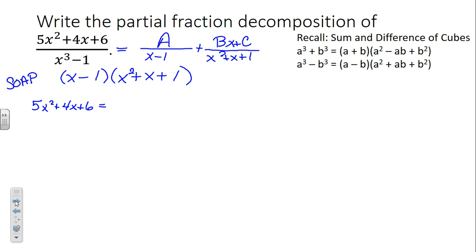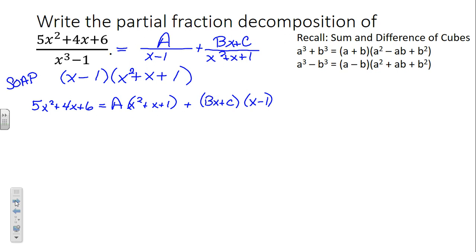The trinomial, right? The one that's under the other fraction. And what does the bx plus c have to be multiplied by? The x minus 1, the denominator of the other partial fraction.